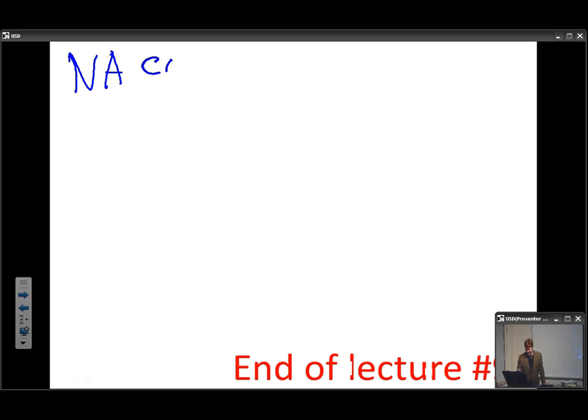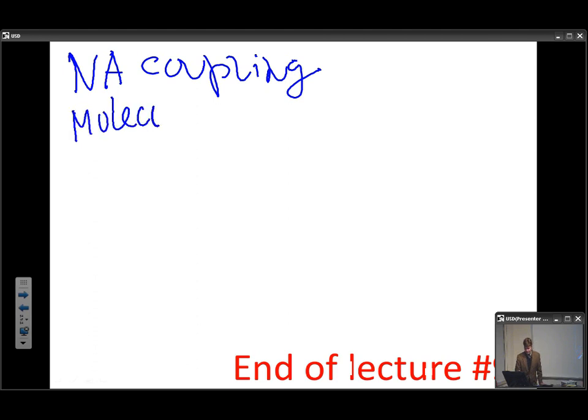NA for non-adiabatic, it doesn't mean not applicable. So the total wave function for a molecule, the molecular wave function, we need to build, some figure with Psi very big.